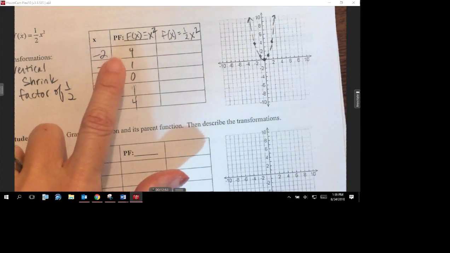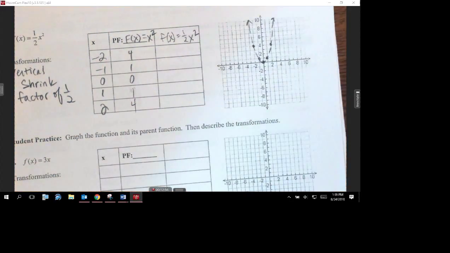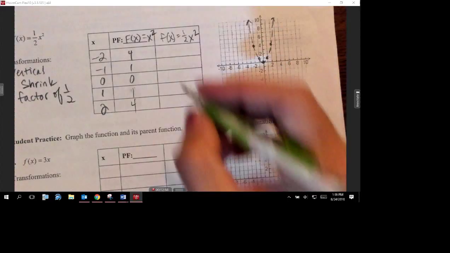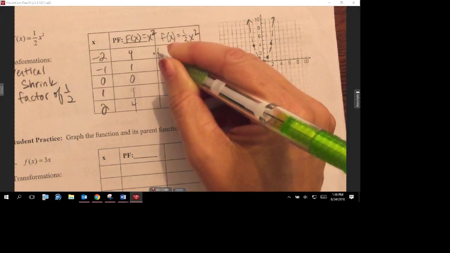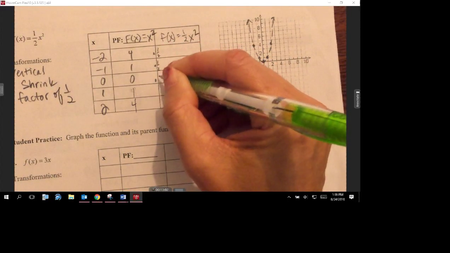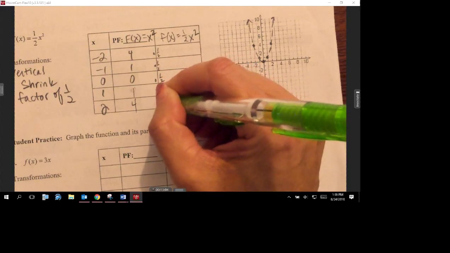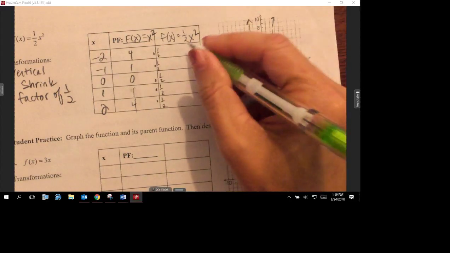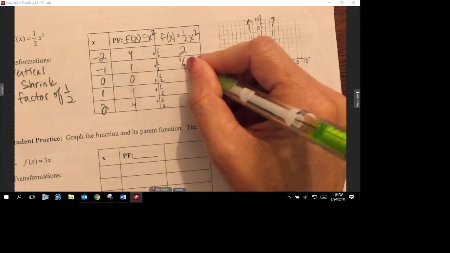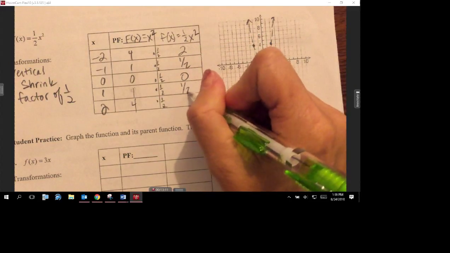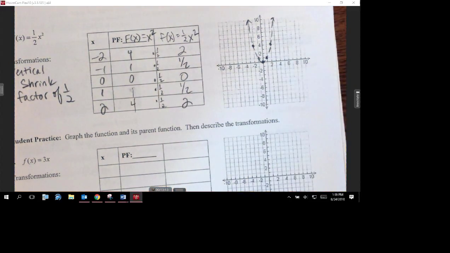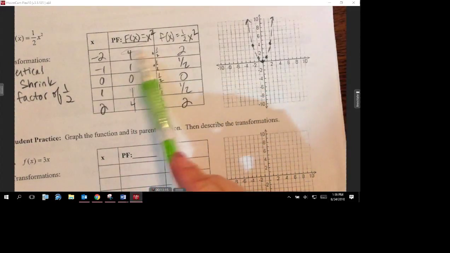So I will multiply all of my parent function values by 1 half. So half of 4 is 2. Half of 1 is half. 0, 0. Half, 2. Then you do not need the middle column anymore.